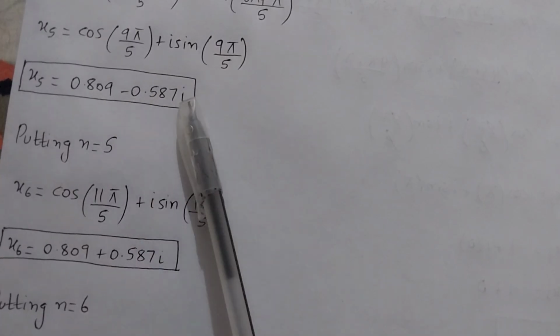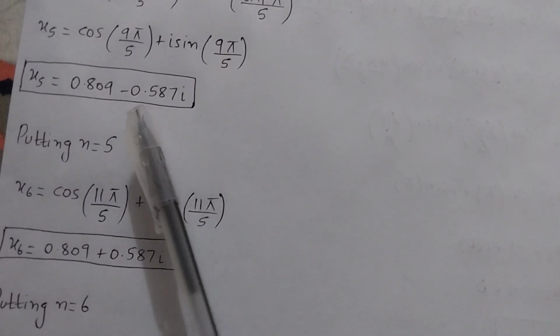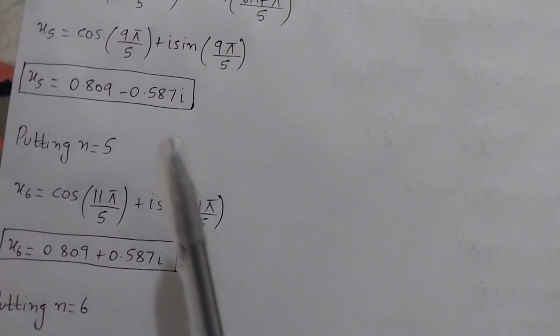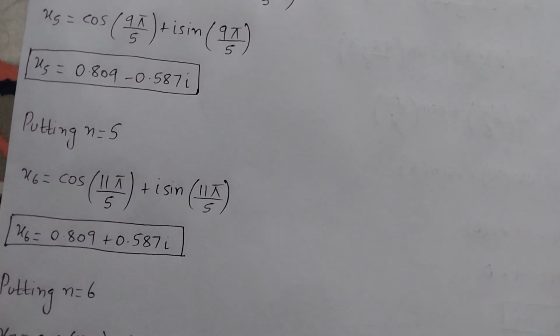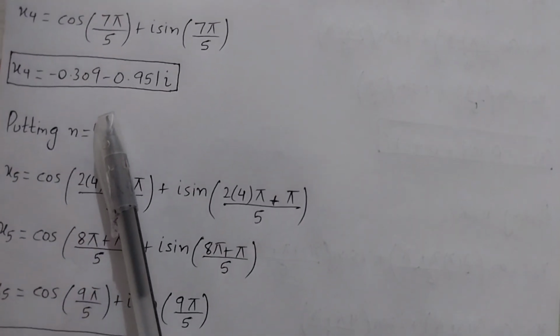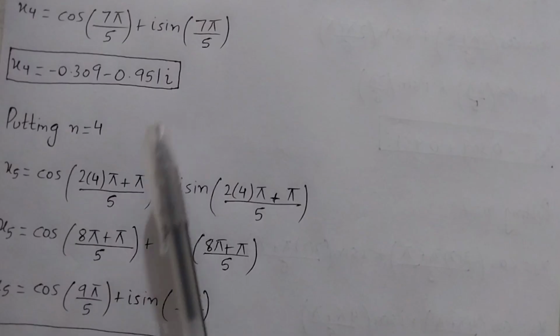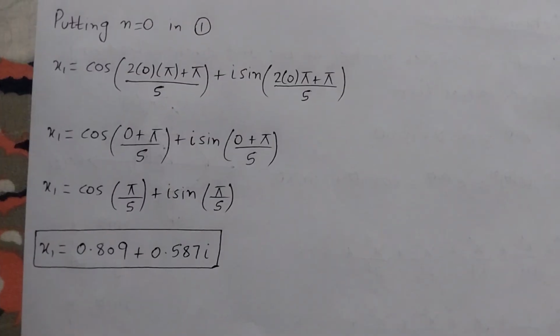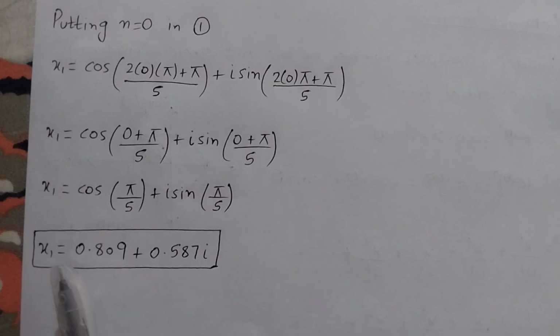So the sign of the imaginary term in this number has changed. So that means x1 and x5 are complex conjugates. And similarly, x4 is minus 0.309 minus 0.951 iota, and x2 is the complex conjugate of the same thing. So that is all.